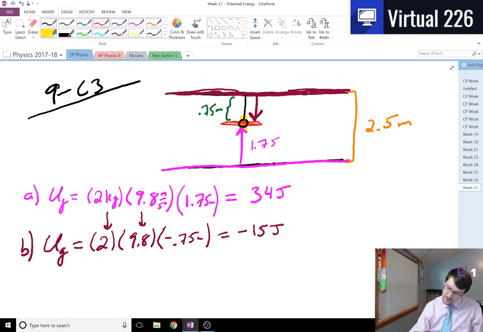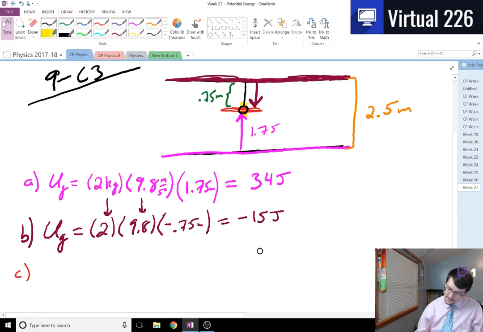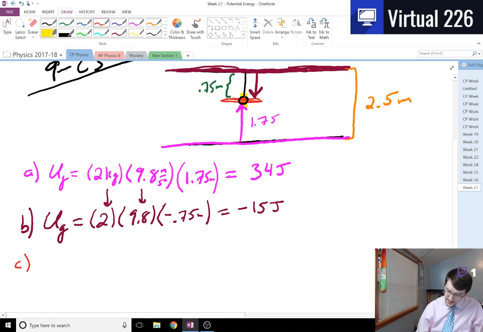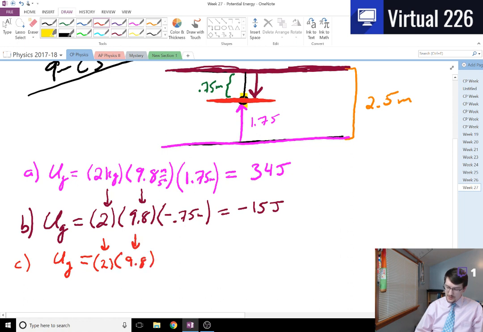For part C, we want to know what is this gravitational potential energy relative to right here, where the lamp actually is, the lower end of the chain. Well, same deal. m, g, oops, we're not bringing that down.